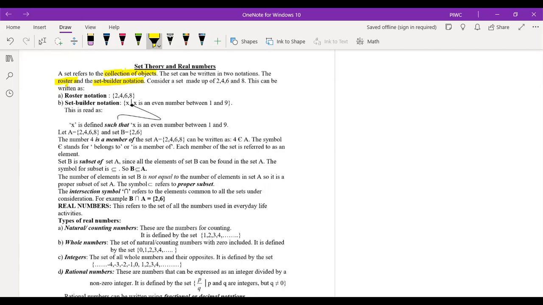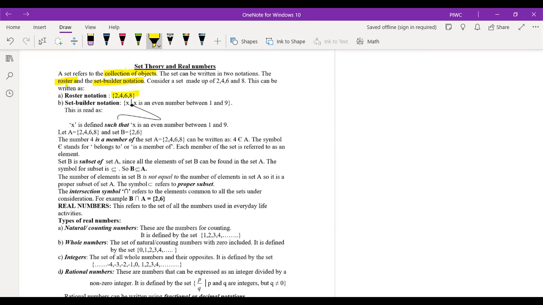Now, let's consider the set made up of the numbers 2, 4, 6, and 8. Now we can write this in the roster notation or the set builder notation. So in the roster notation, this is how you write it. All right.